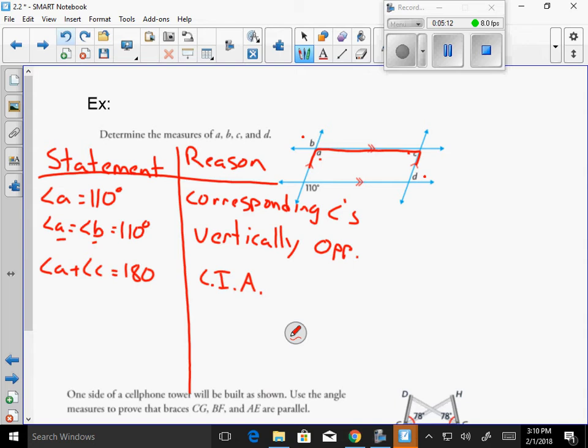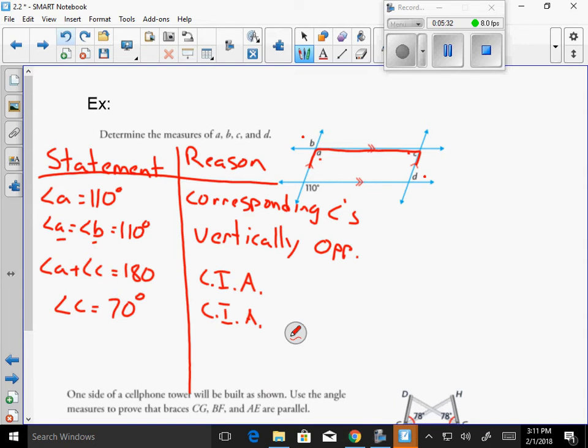Okay, so that means angle C equals 70 degrees. But I don't need to give a reason for that because once again it's just my co-interior angles.